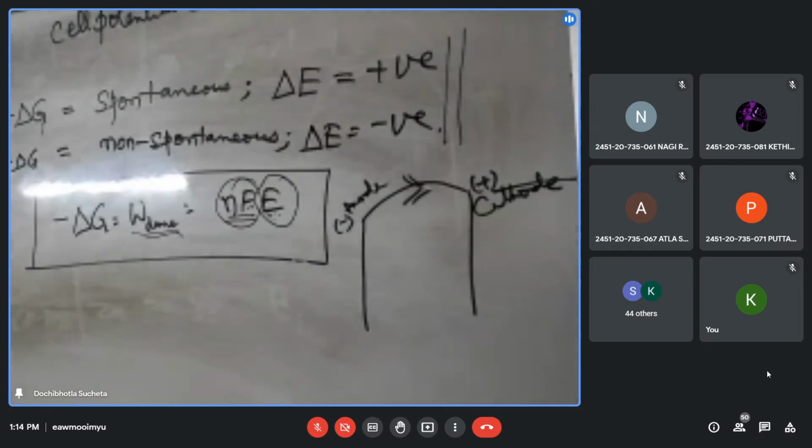The amount of charge flowing is directly proportional to the potential difference, capital E, or EMF, between the two electrodes.